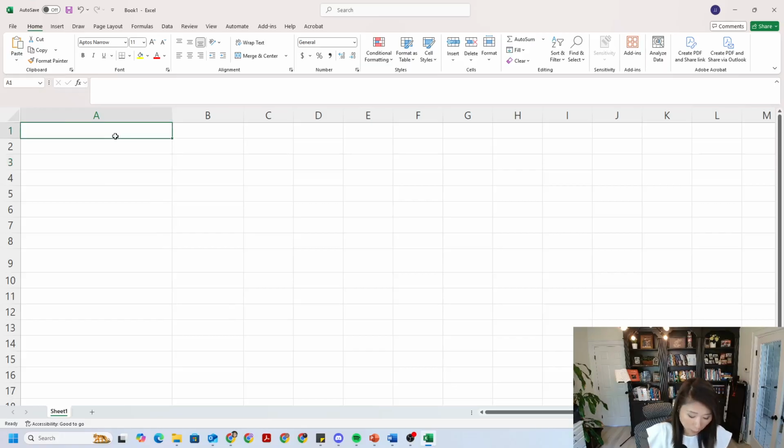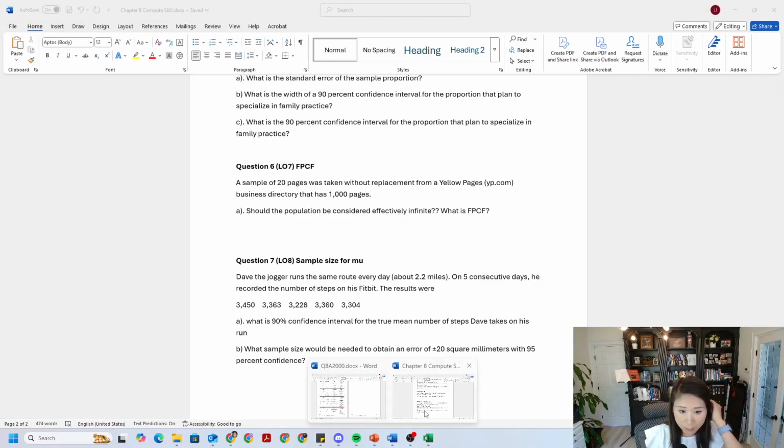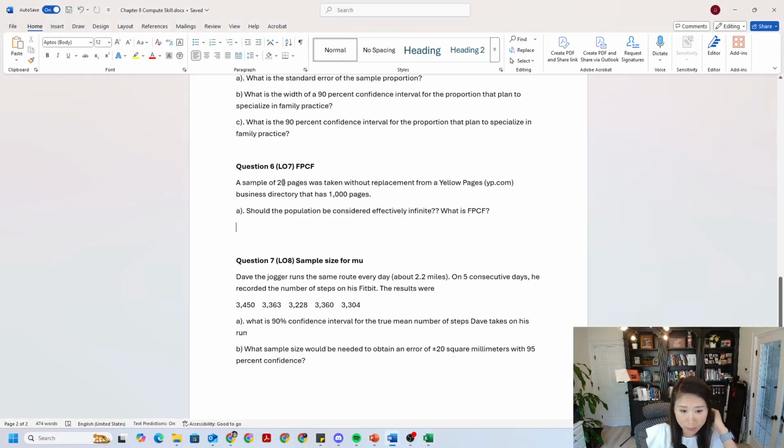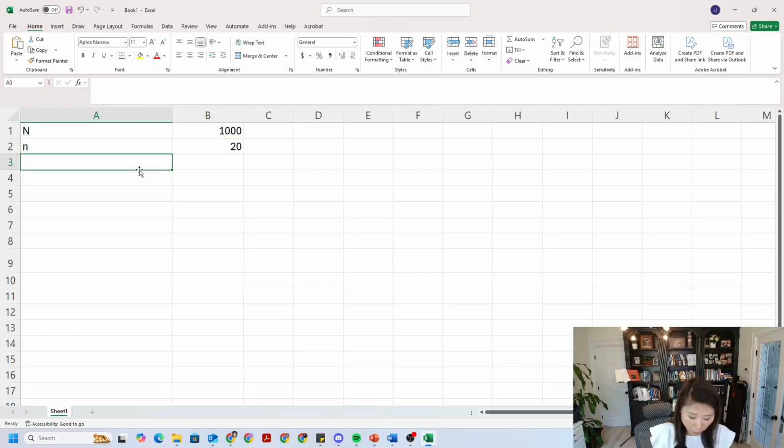So first of all, we know the value of small n and capital N, right? The sample we have is 20, so small n equals 20, and the population is equal to 1,000. So what is the value of n divided by capital N? What is the percentage?